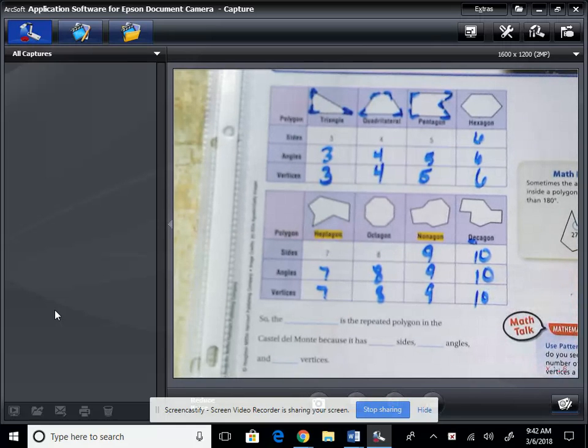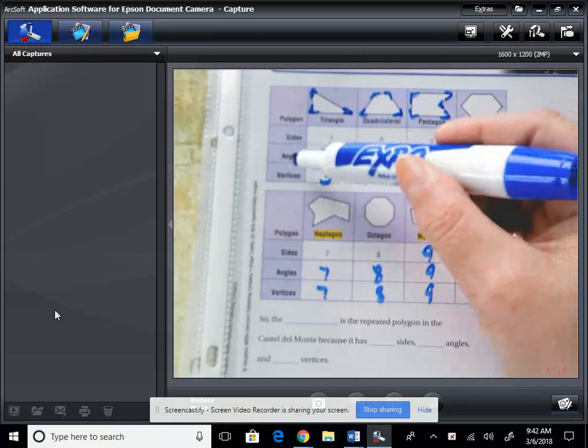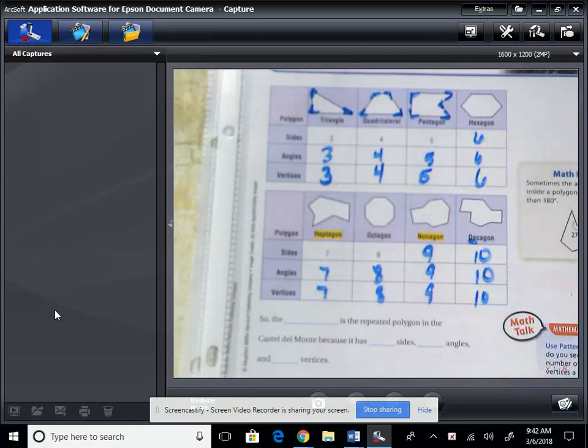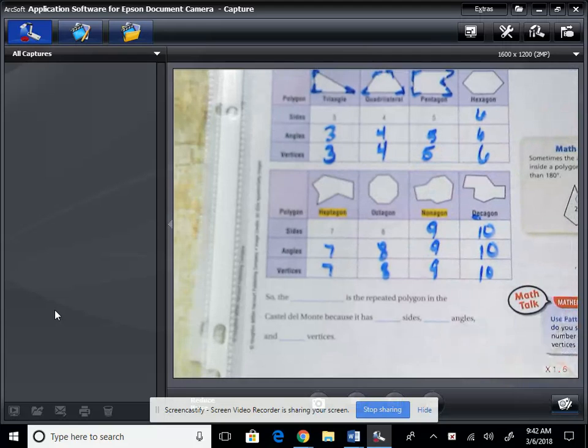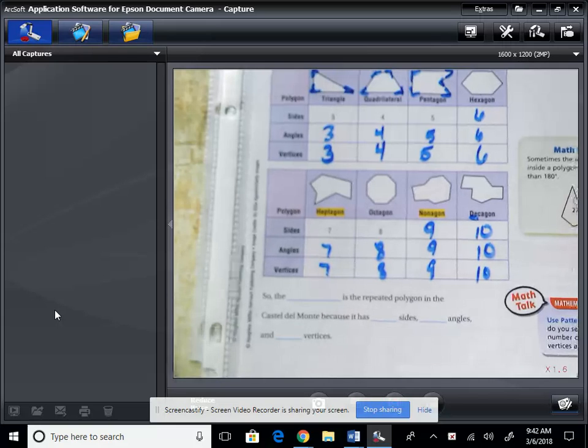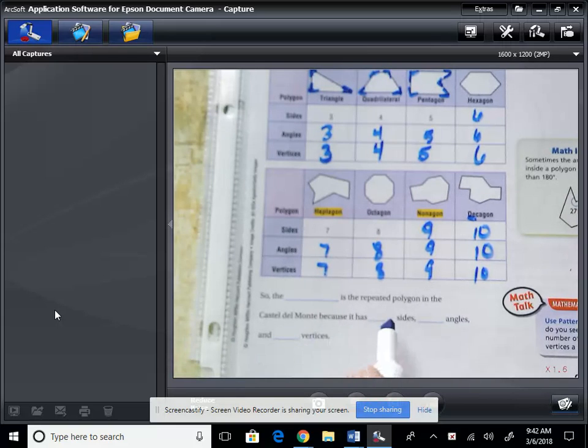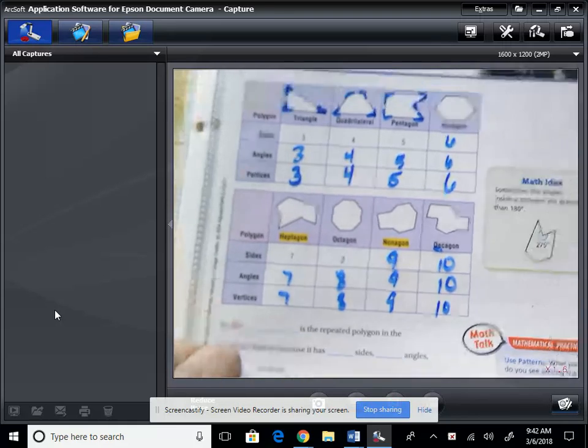What does that tell you about a polygon? It has the same number of sides, angles, and vertices. So the blank is the repeated polygon in the fortress, so look back up at your picture.